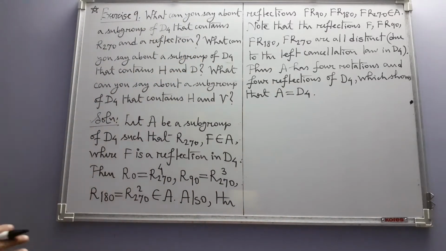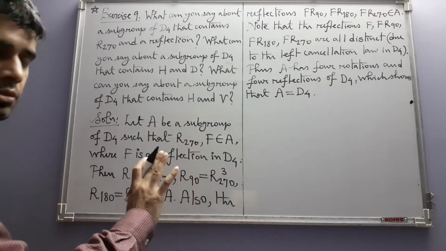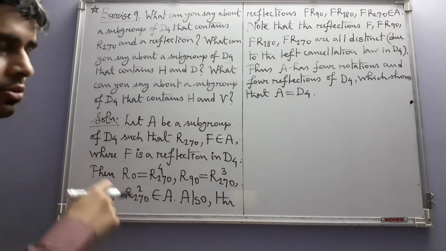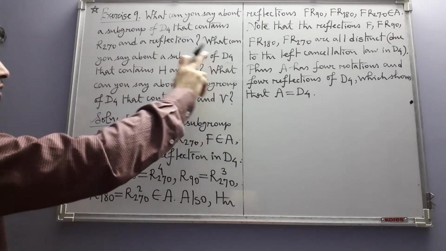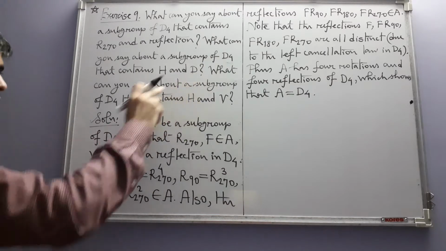So that means any such subgroup which contains R270 and any reflection has to be equal to D4.